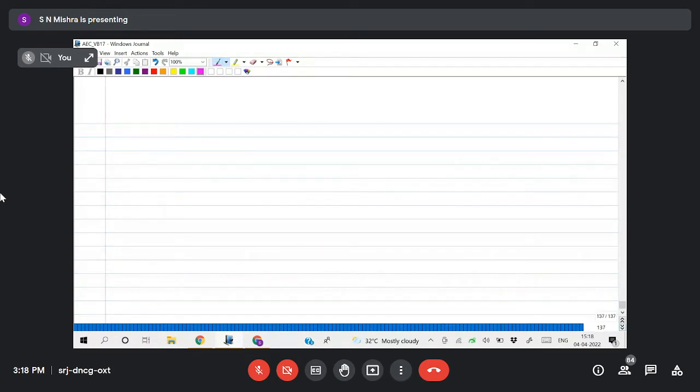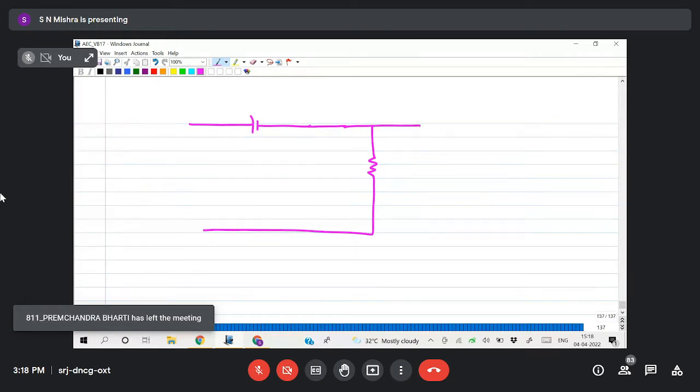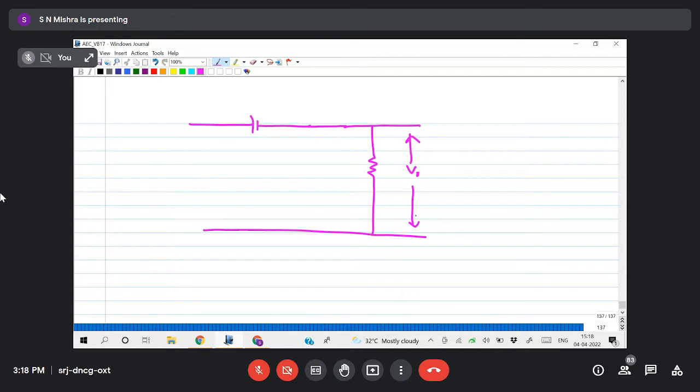Now, when Vi is greater than 2, what is my equivalent circuit? The diode voltage source will remain the same. The diode will be short, then resistor, then output voltage V0, R, 2 volt. Here Vi is greater than 2 volt, so minus plus, because 2 volt to 10 volt means it is the positive half cycle.